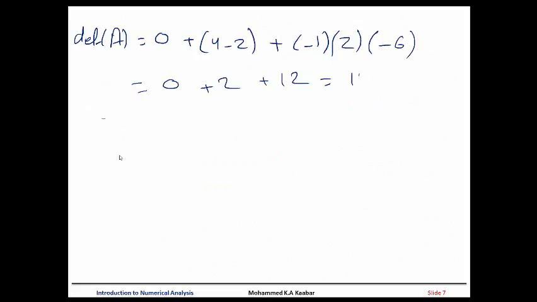Okay, this is plus 12 plus 2, 14. This is the determinant, 14. Determinant of A is equal to 14.